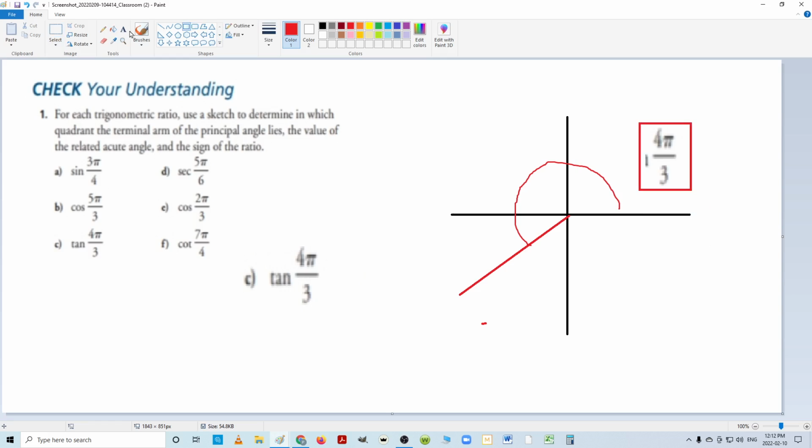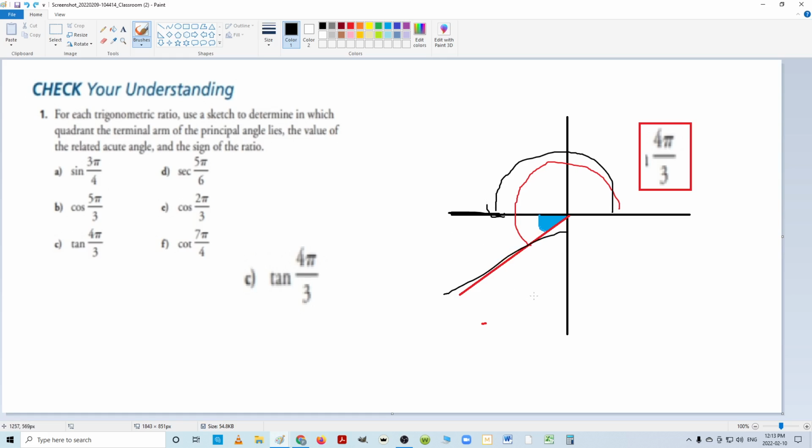The question is, what is the acute angle, which is always drawn between less than 90 degrees, closest angle to the x-axis? So the question becomes, what is this angle here? Well, to do that, I notice that this full principal angle goes all the way around, and this acute angle is just this little extra here. Since I know that to get to pi is to here, the blue angle must be this principal angle minus pi.